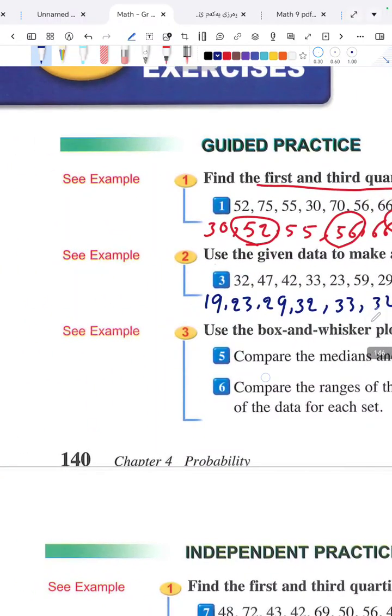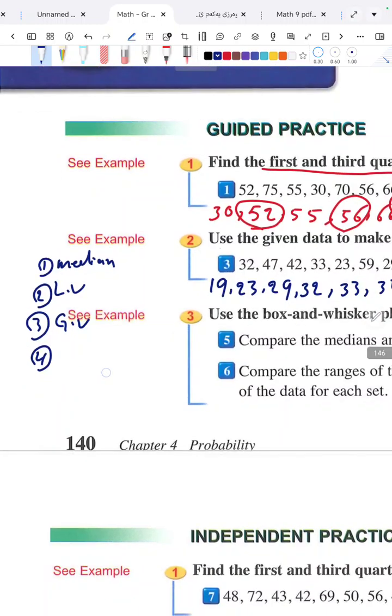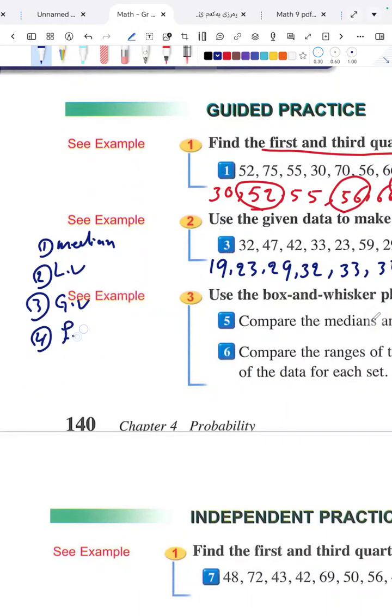Okay, you have to find the median, the least value, the greatest value, the first quartile, and the third quartile.